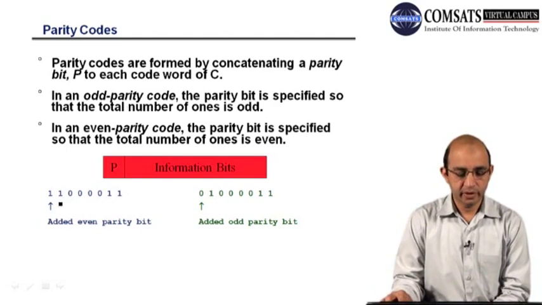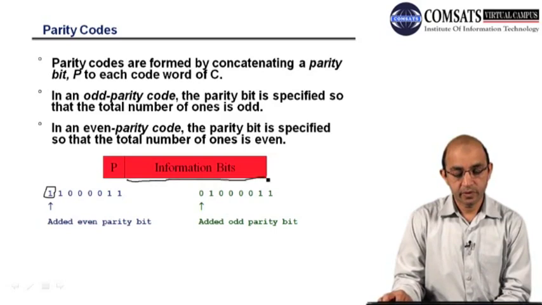If the number of ones is odd, and your system knows that we are using even parity, you will place a 1 over here in order to make the total number of ones even, right? So this is the information bit, and this is the bit reserved for parity.